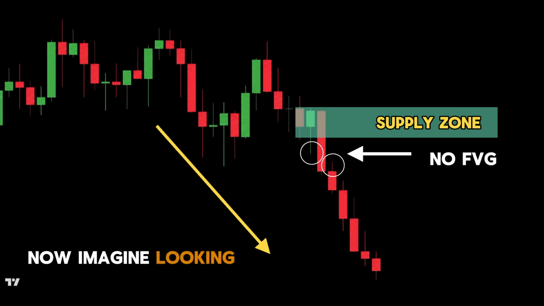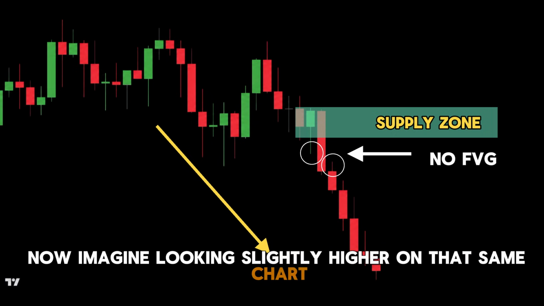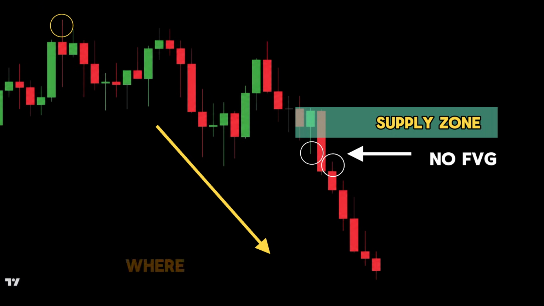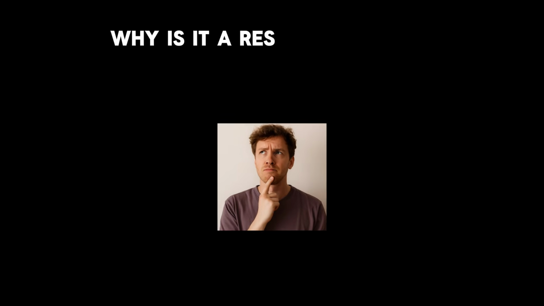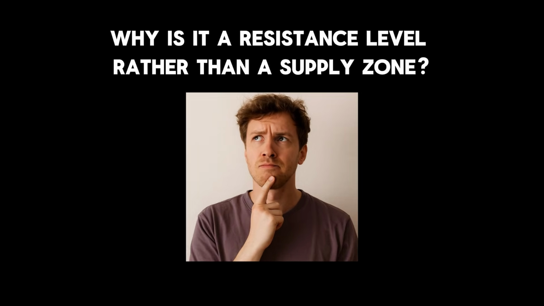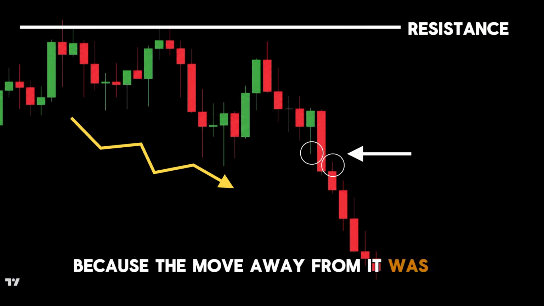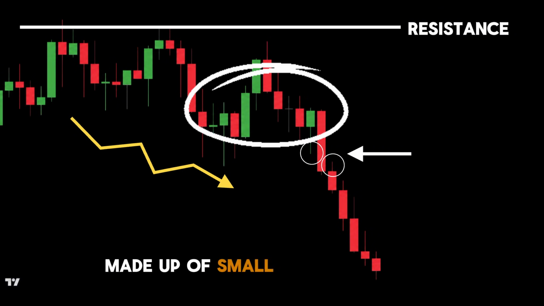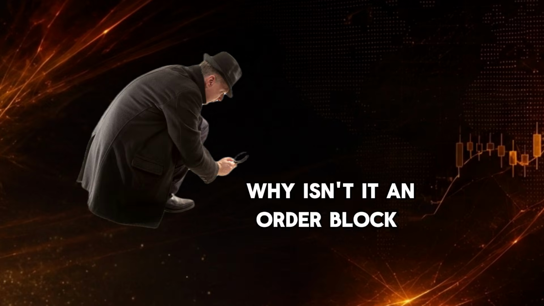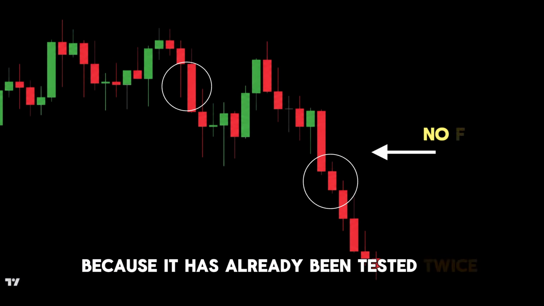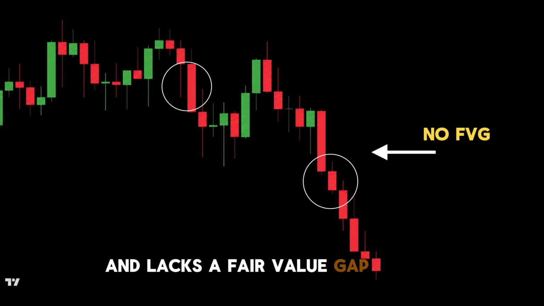Now imagine looking slightly higher on that same chart and spotting a resistance line where price was rejected twice quite recently. Why is it a resistance level rather than a supply zone? Because the move away from it was weak, made up of small, indecisive candles. And why isn't it an order block? Because it has already been tested twice and lacks a fair value gap entirely.